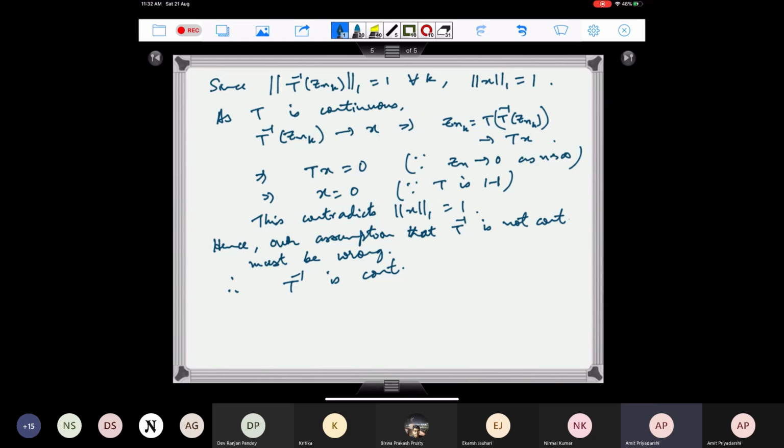So what we have proved is that we have shown that this V with the norm is isomorphic to L1^n.